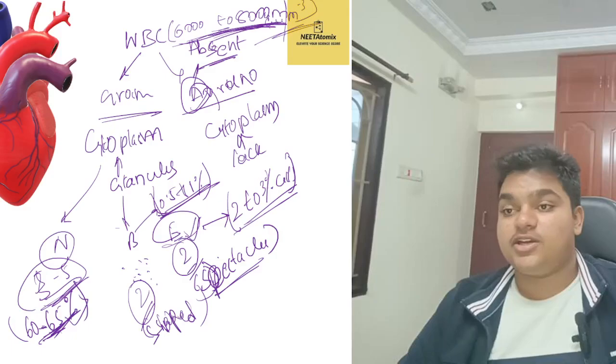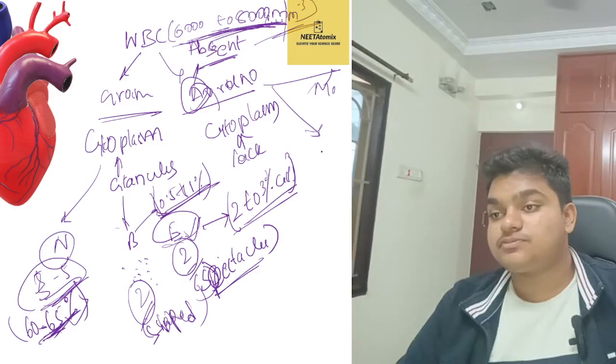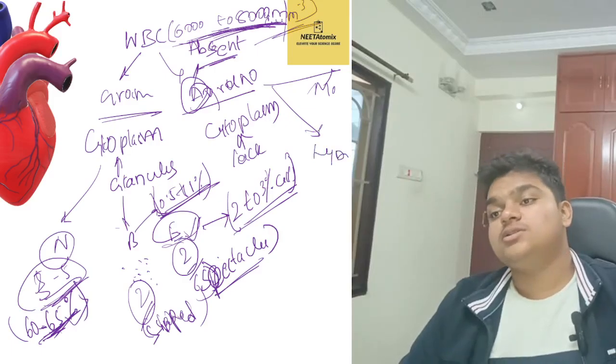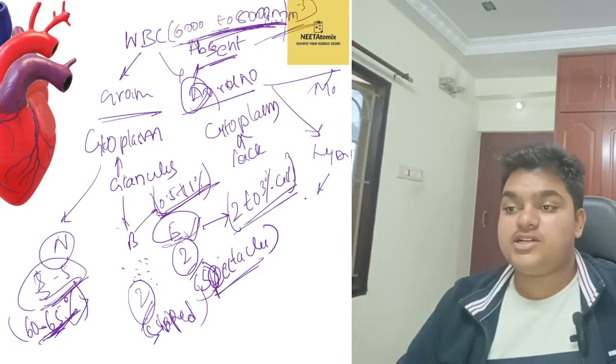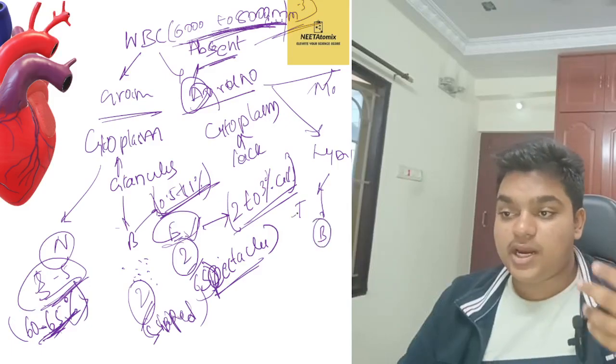Next, coming to agranulocytes. What are the agranulocytes? Monocytes and lymphocytes. These lymphocytes are again of two types: T lymphocytes and B lymphocytes. Why are they named so?